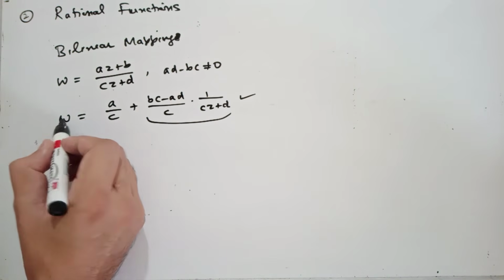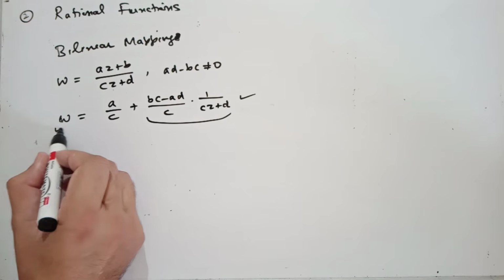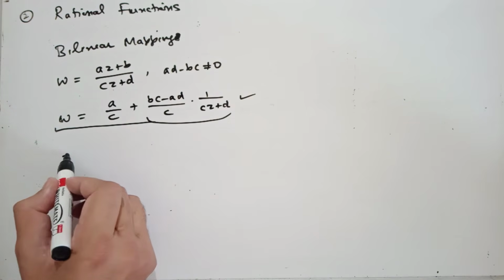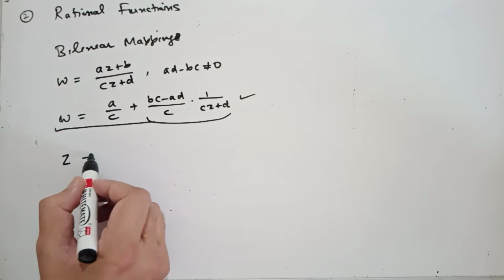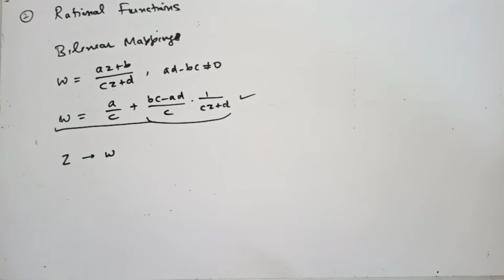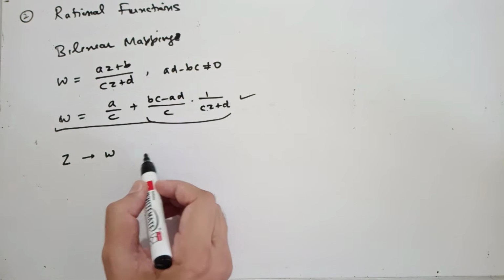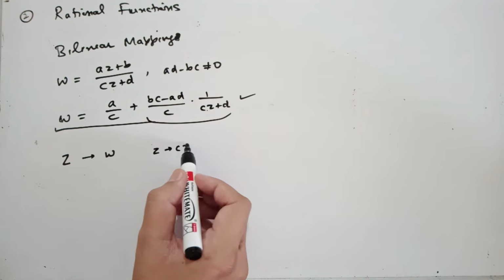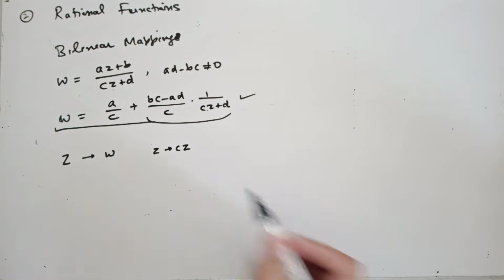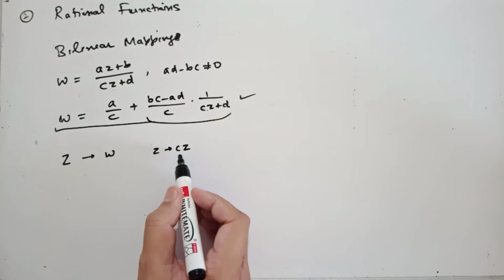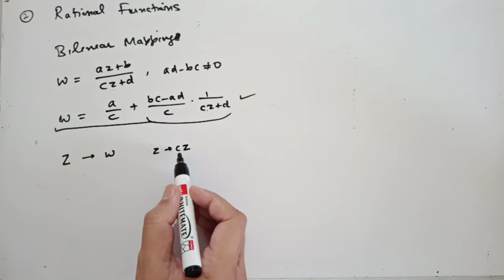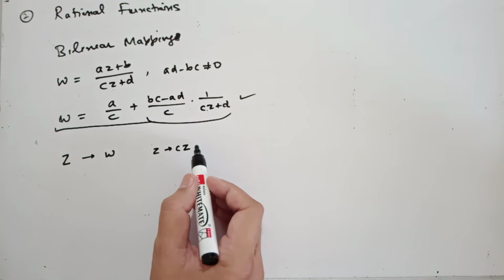But through this representation, you can understand how this transformation transforms the domain point into the range point. See, first what happens, Z has gone to CZ. CZ means rotation and magnification or contraction.